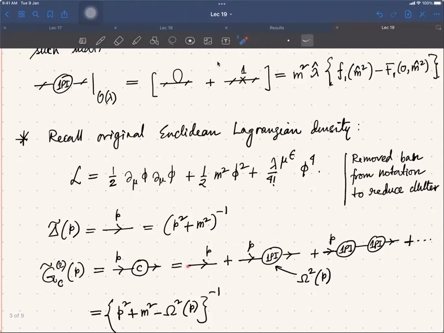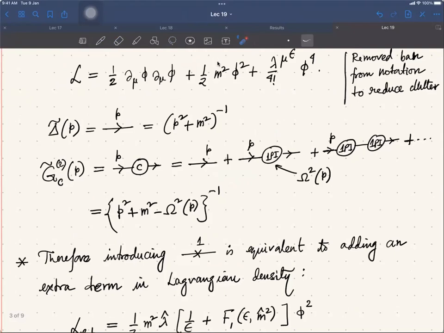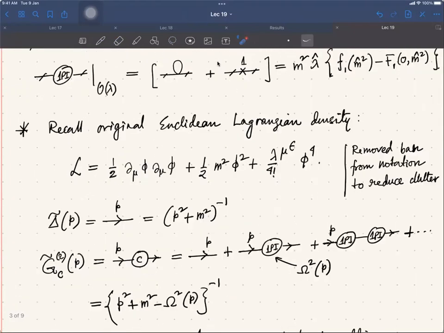At the tree level, we have this diagram. But inside this 1PI diagram, I will have this diagram according to the original Lagrangian, and because of this additional piece in the Lagrangian, I will have another diagram. So inside this 1PI vertex at order lambda, we have these two diagrams, which is finite. And that's going to repeat in all the diagrams, but since these are higher order in lambda, I only have to consider these two pieces.